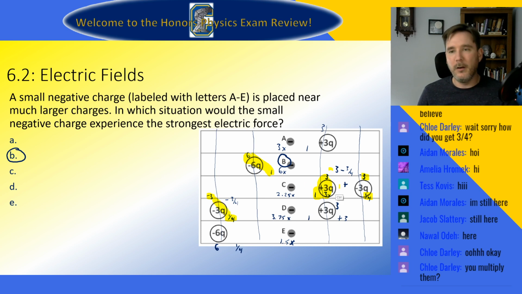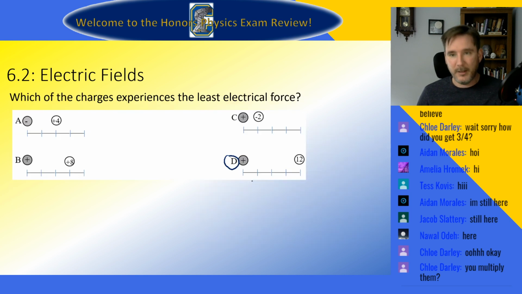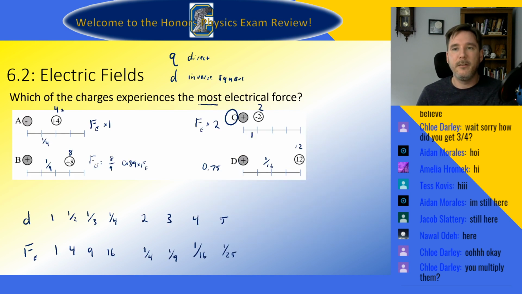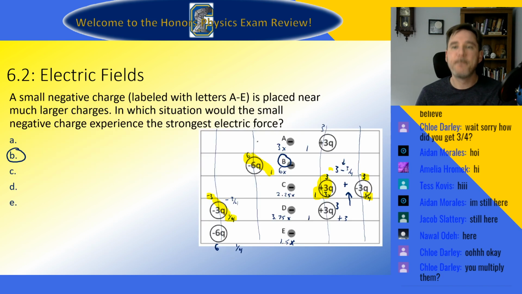But for these, I added right here, or actually it ended up being a subtraction because we had a negative number, because we're talking about 2 separate charges. So you multiply them when, like these, we multiplied here. These we multiplied. Because if you look at the equation, they just go together in the same equation. So multiply to get the total change in force due to charge and distance.